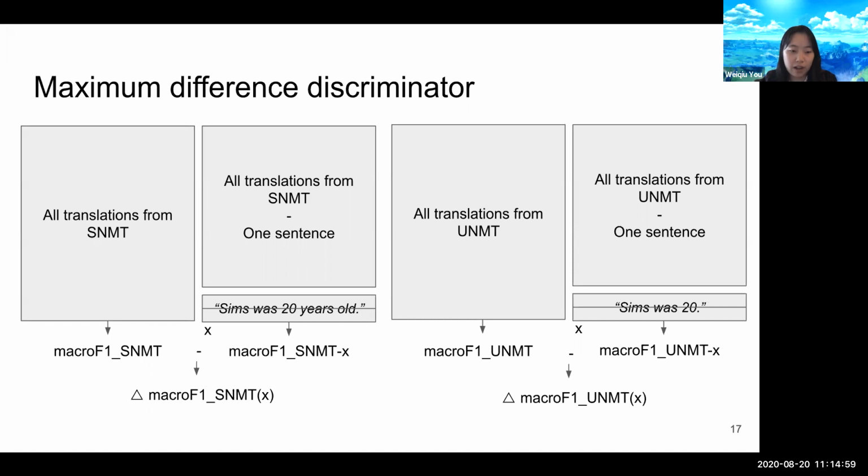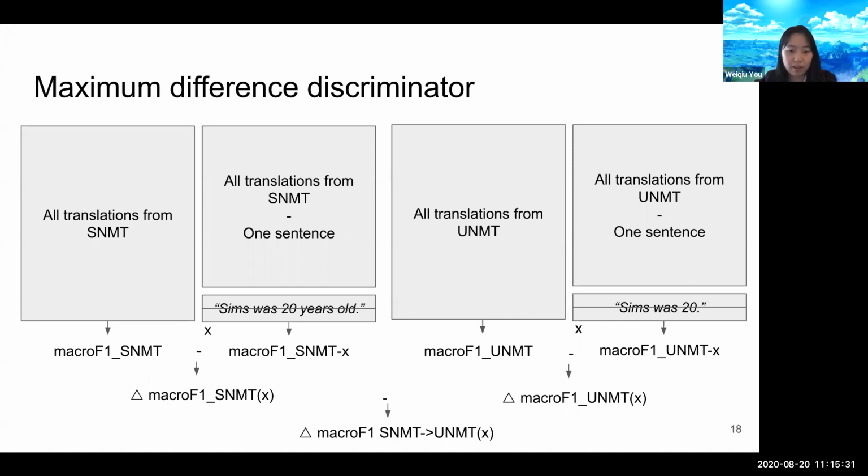We have the delta of macro F1 for SNMT and UMT regarding this sentence. So if this delta is high, then it means that the corpus is better with this sentence. So it means from macro F1's perspective, this sentence is better than some other sentences.